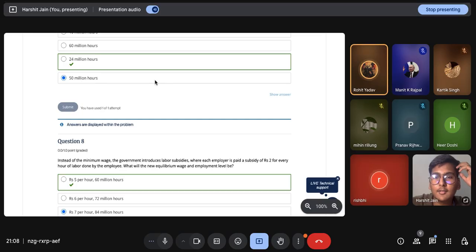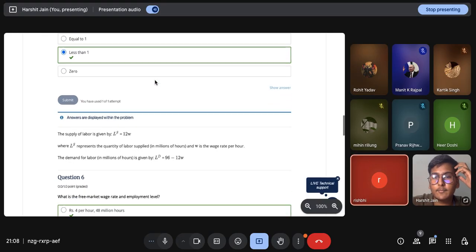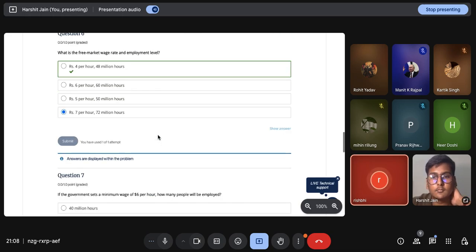Can you please explain it again? It didn't make sense. Okay, so basically LD, go up. See, LD is equal to 96 minus 12W. That is the demand for labor in the economy. The question says W is the wage rate per hour.